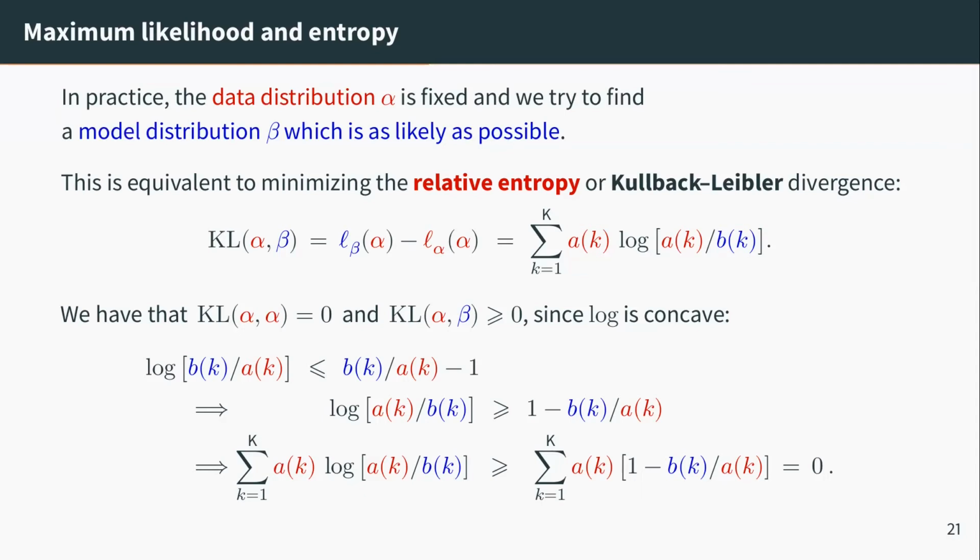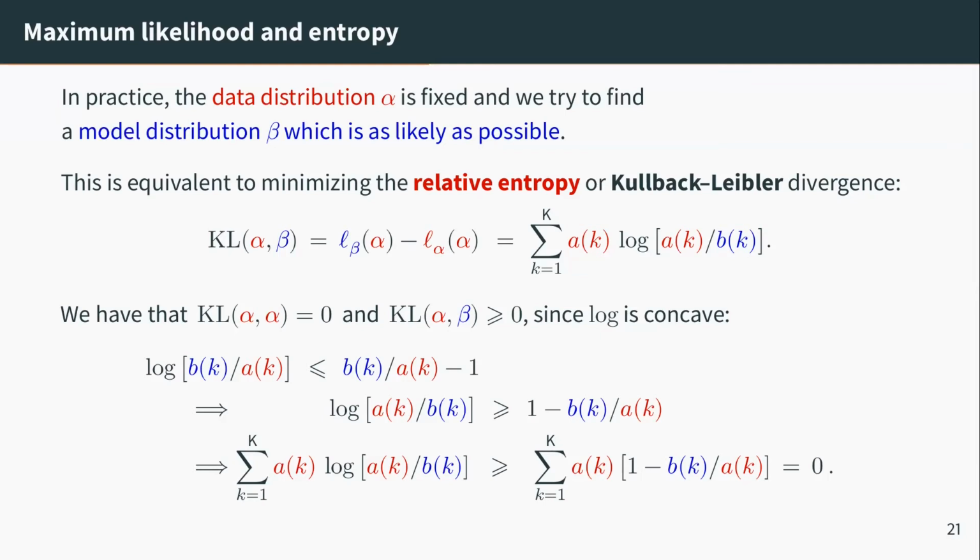I can expand this into the sum of ak minus the sum of the bk's, because ak divided by ak is equal to 1. Both terms are equal to 1, so I get 1 minus 1, which is equal to 0. So that's a very simple proof of the fact that the Kullback-Leibler divergence is positive.